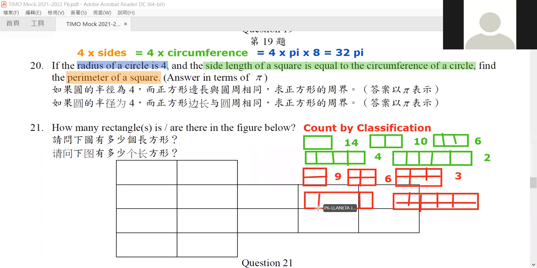So you will have 2 in here and 1 in here.